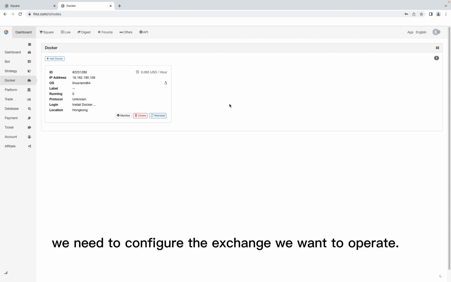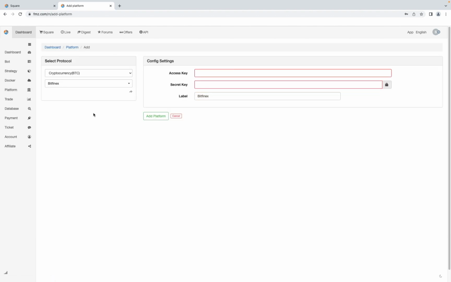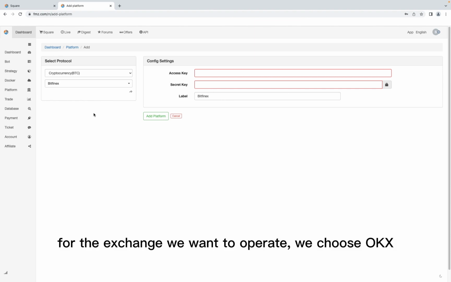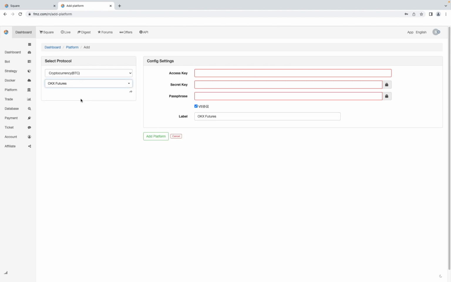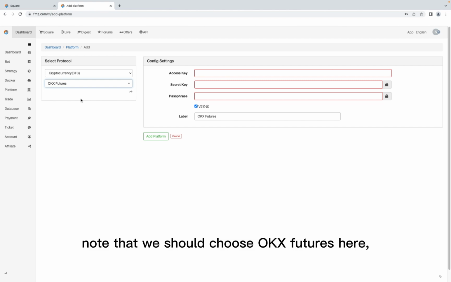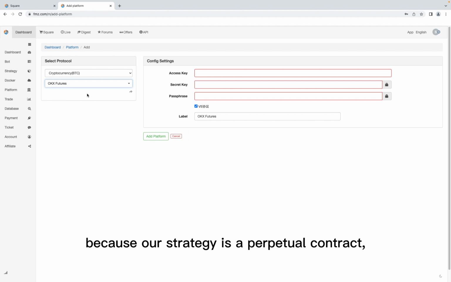In addition, we need to configure the exchange we want to operate. Here we can click Add Platform. For the exchange we want to operate, we choose OKX Futures. Note that we should choose OKX Futures here because our strategy is a perpetual contract and we cannot choose spot, which is traded in currency.